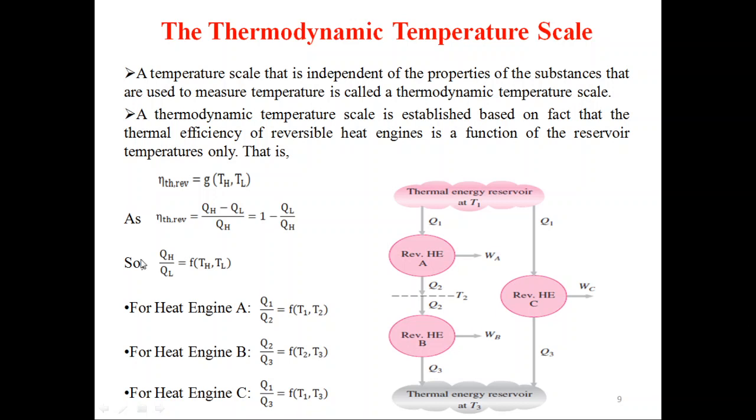That is, we can say the efficiency of a reversible heat engine is a function of the high temperature reservoir and low temperature reservoir, as efficiency is given as QH minus QL divided by QH, where QH is the amount of heat extracted or supplied by the high temperature reservoir or source, and QL is the amount of heat rejected to the sink. So we get 1 minus QL divided by QH.